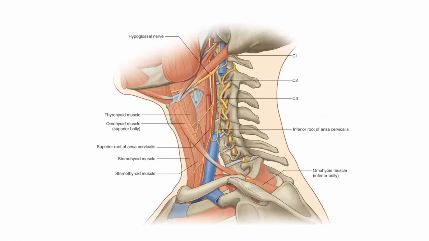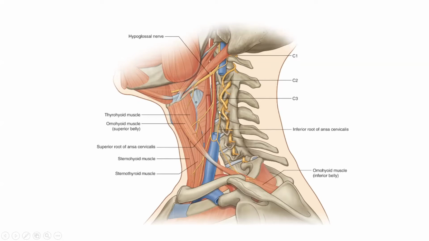Then the important structure which is here is the deep ansa cervicalis. Deep ansa cervicalis, usually you can find it in front of the internal jugular vein, and it's formed by the descending branch of the hypoglossal nerve, which is making the superior root for the deep ansa cervicalis, and it's carrying the fiber from C1, and in some literature you can say C2 as well.